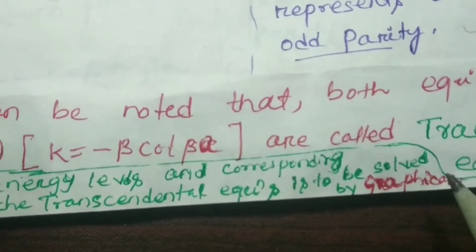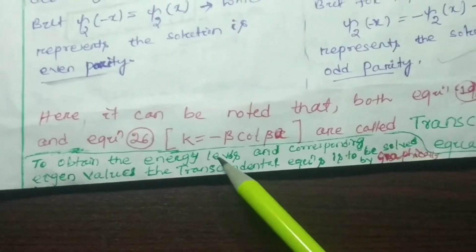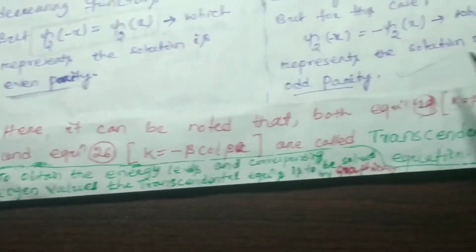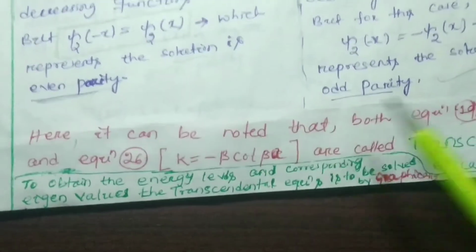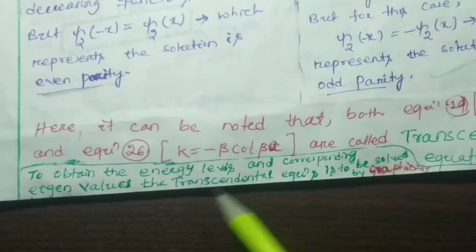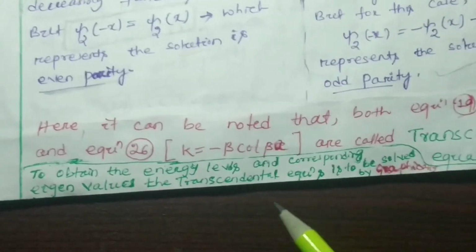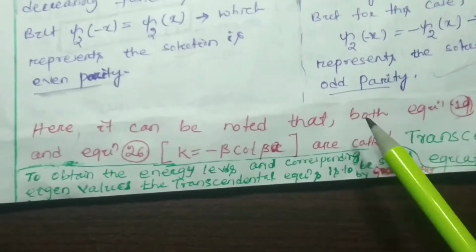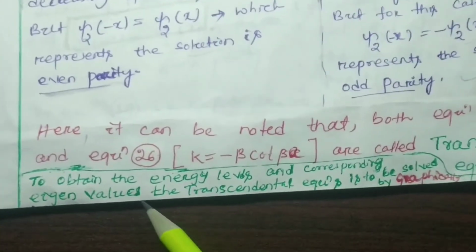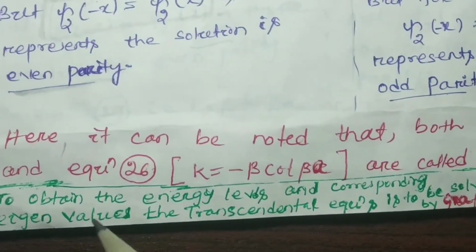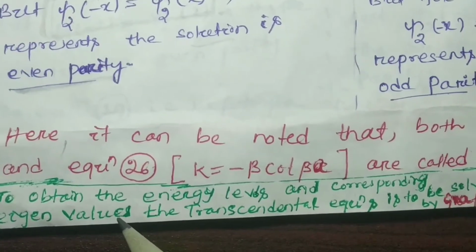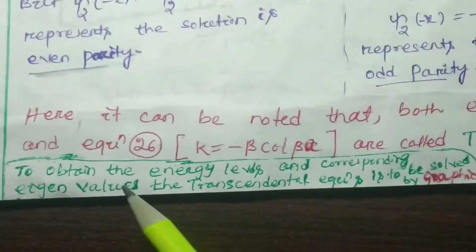Graphically we have to solve these two transcendental equations. Here this is one transcendental equation, this is another transcendental equation. By considering these two, we have to solve these two equations graphically to find out the energy levels and corresponding energy eigenvalues. So you write this one.